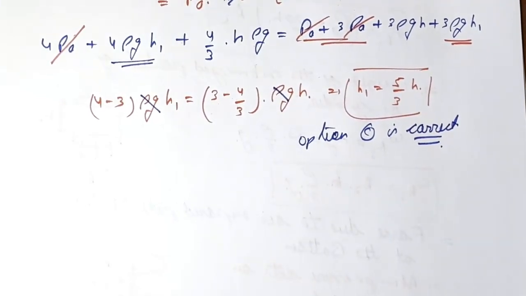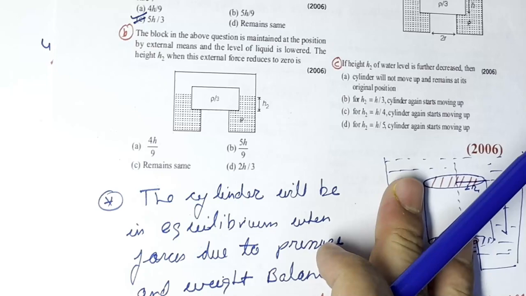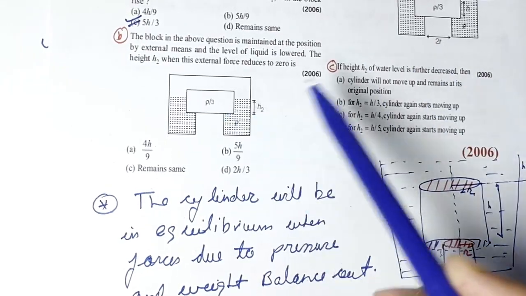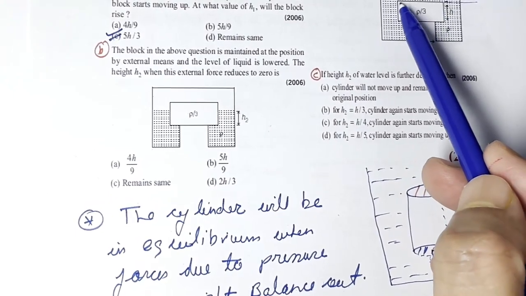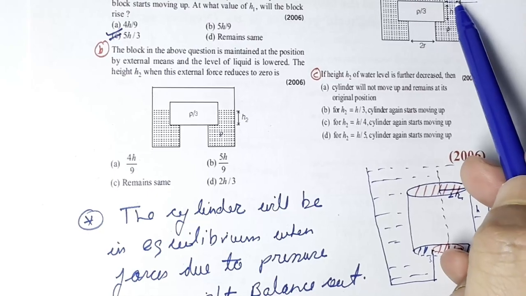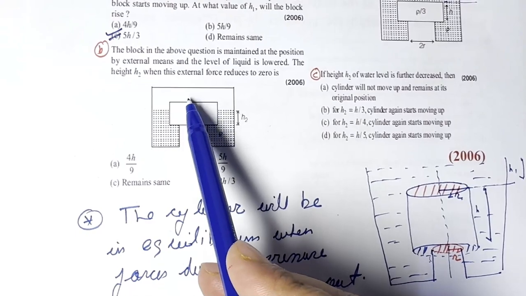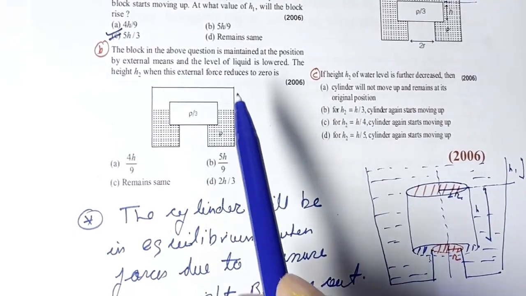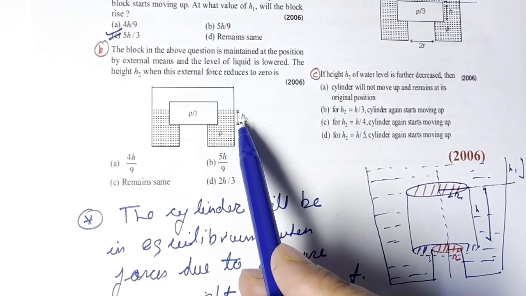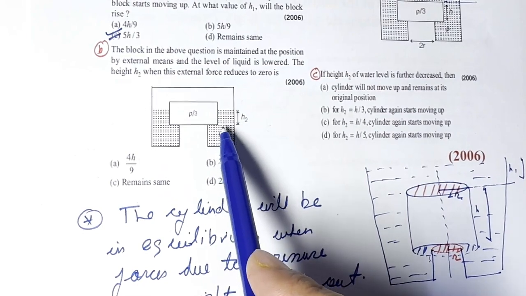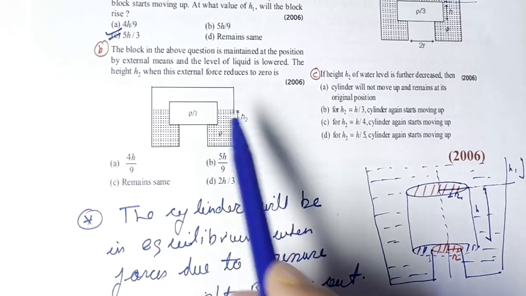Now we come to the B part. First of all, we try to understand what is the difference between these two figures. In this figure, you can see that above the cylinder there was a liquid column, whereas above the cylinder there is no liquid column, only air is present. So this is the first major difference. And the height of the liquid is given as S2, which is slightly less than the height of this cylinder.